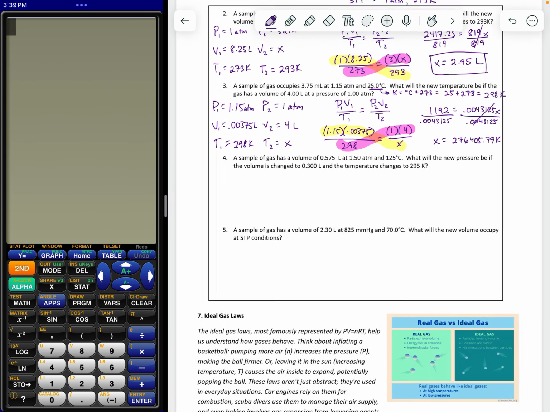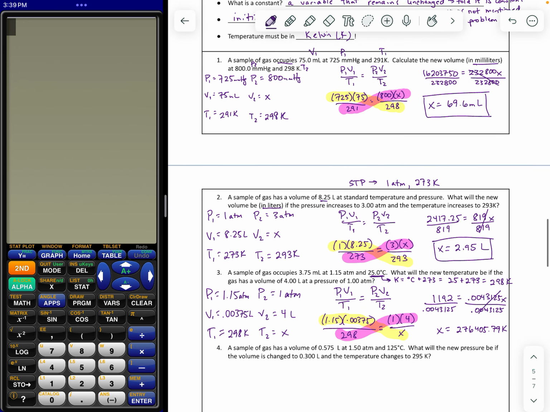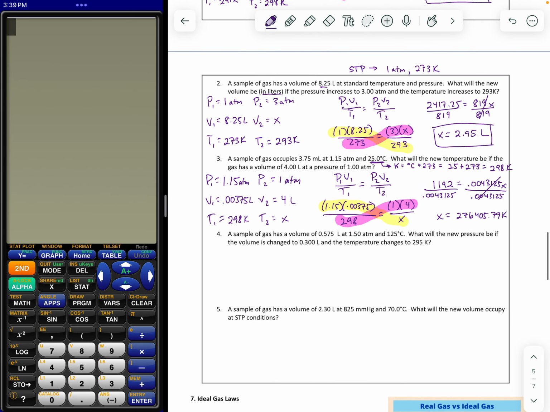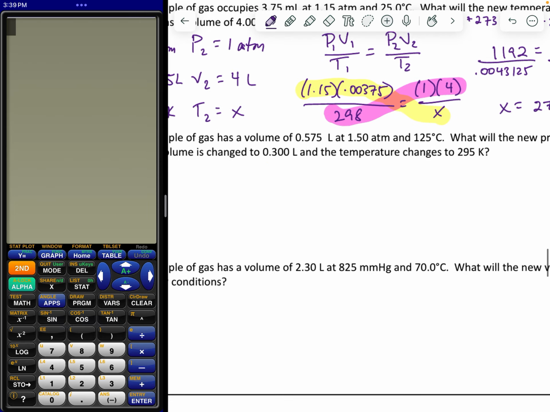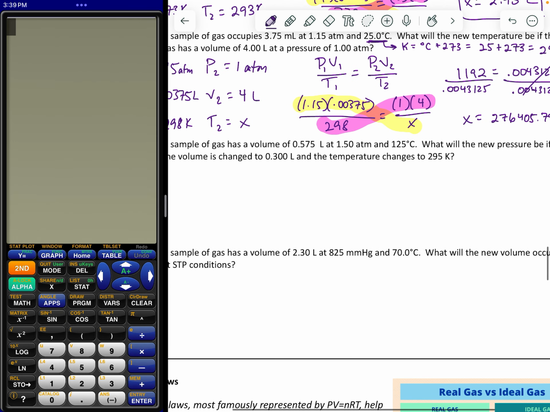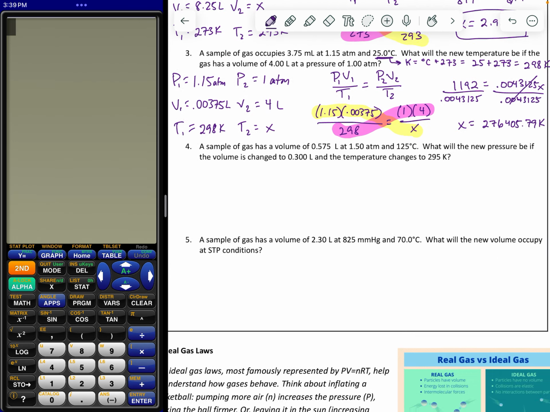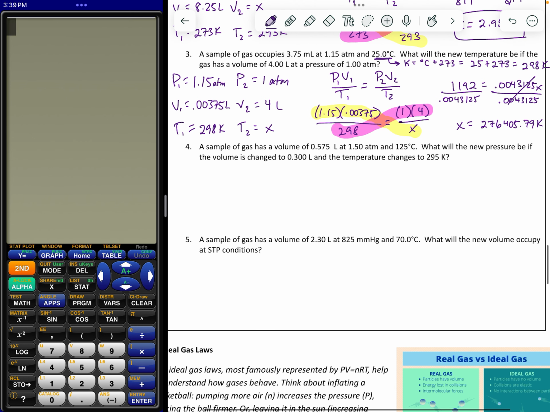What I will say is these examples that we've done up to this point include all three variables on both sides. For something like this, let's say that we weren't given the volume in this problem, right?